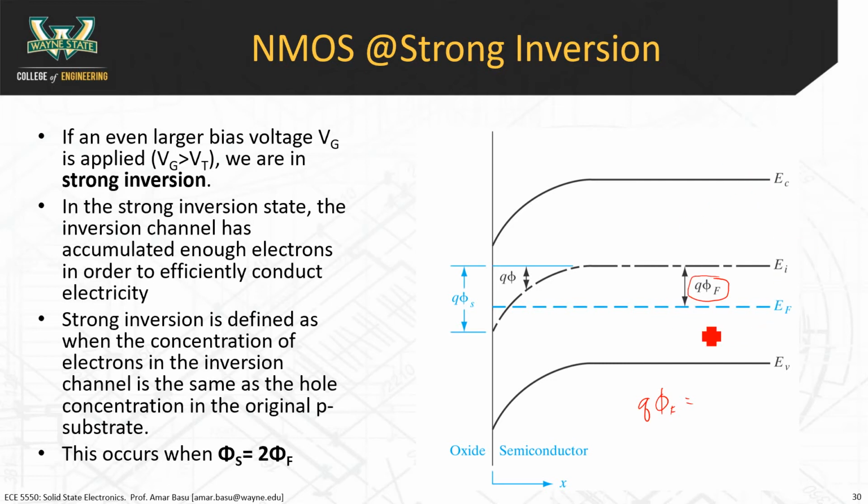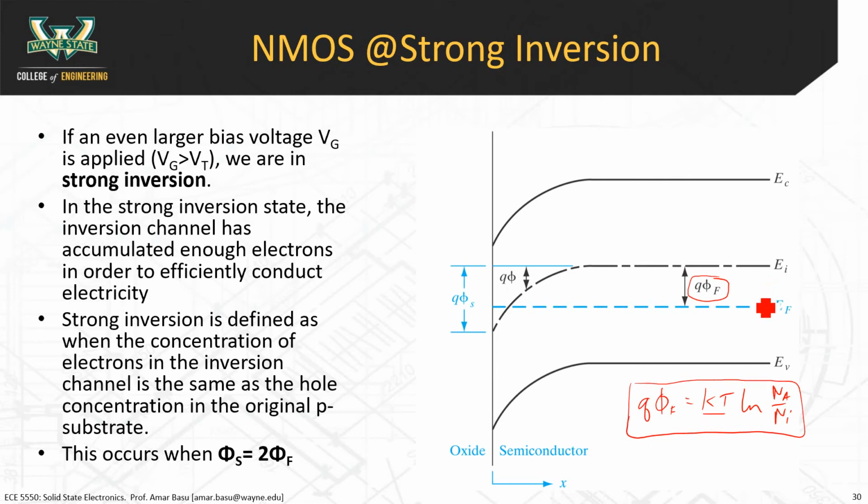This is stuff that we did in module 3. Just to remind everyone, q phi f is equal to kT ln of Na over Ni. This is just from the doping.